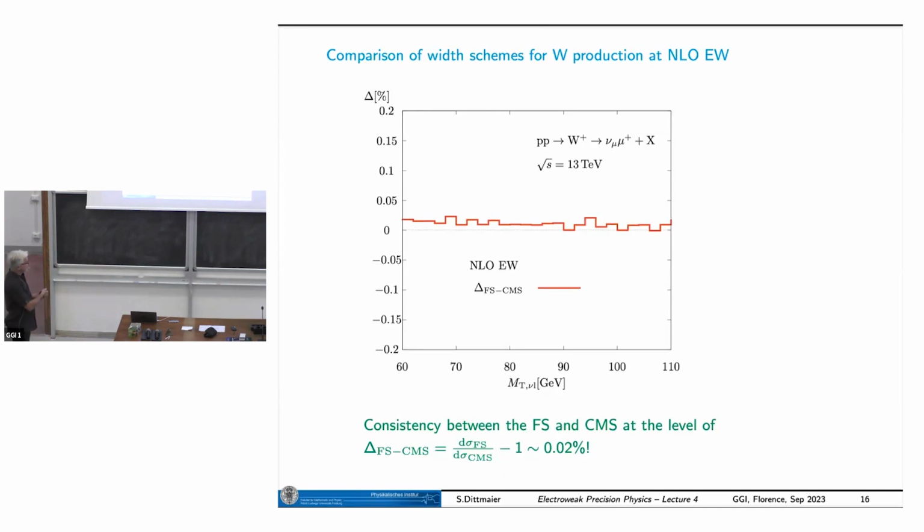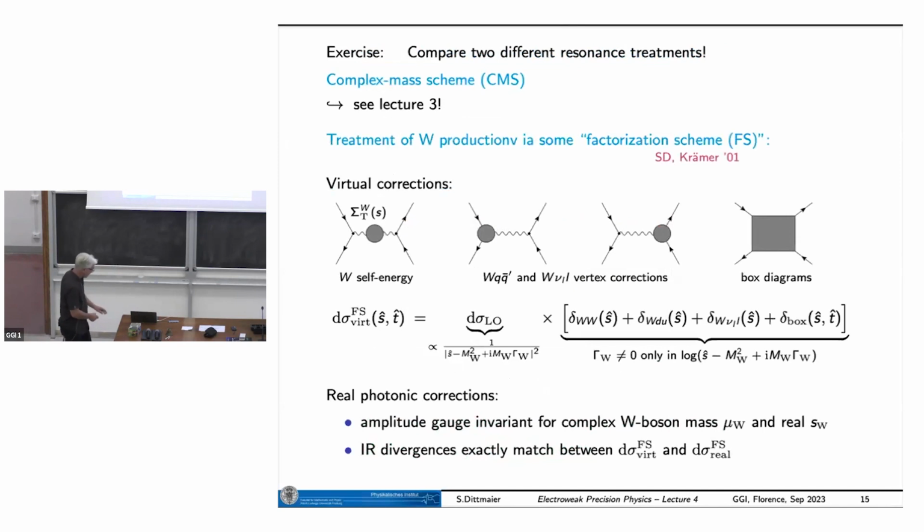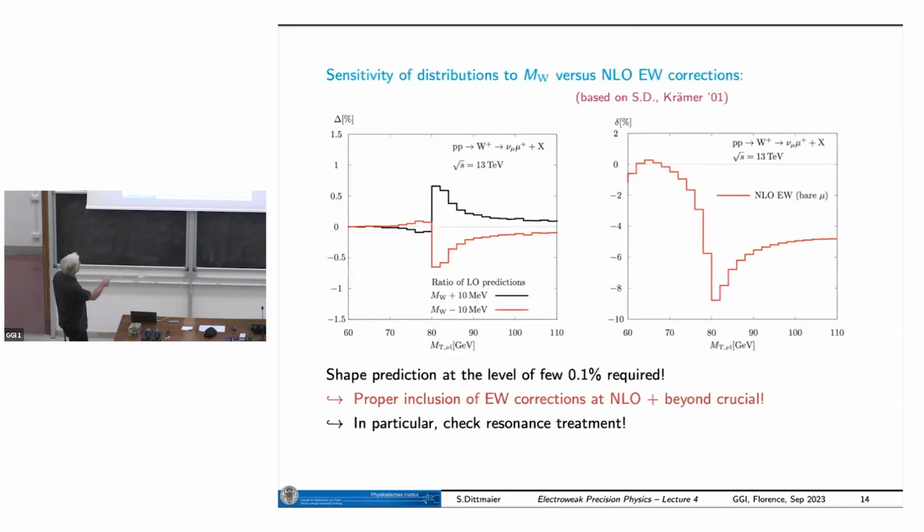CMS is the complex mass scheme I advertised, and FS is yet something different, where I factorize this resonance structure from the corrections, or the corrections from the resonance structure. It's not exactly the pole scheme, but something in a similar spirit. And you see that this is 0.1%. So here we are in good shape, that the resonance handling is quite under control at the level we need it. And the level I just argued for here is this 0.1% level.